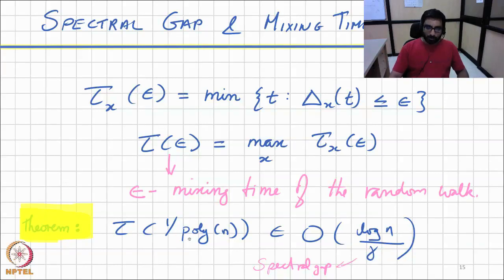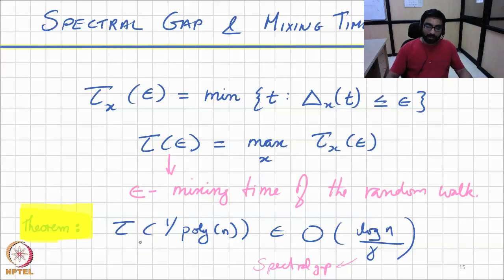Remember, tau of epsilon is the time required to ensure that the distribution of the random walk is within epsilon of the stationary distribution in terms of the L2 norm.